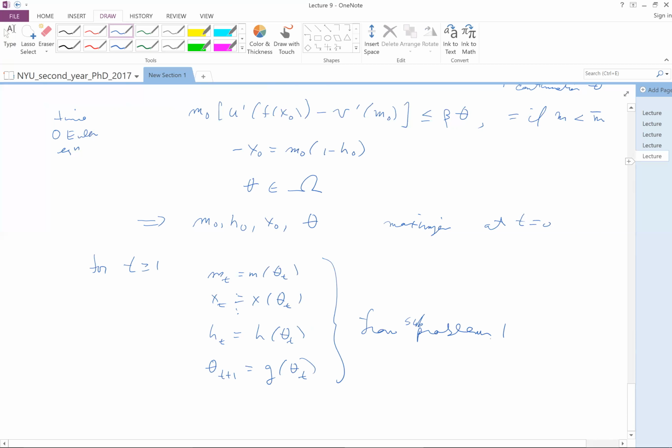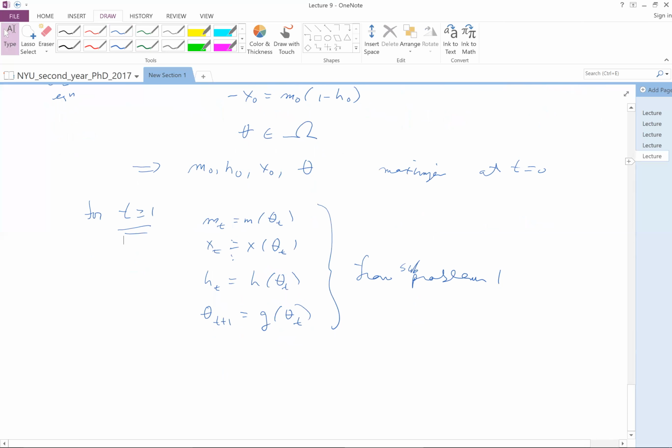We're going to apply that for t greater than or equal to 1, starting with theta 1 equal to the theta, call it star, chosen by the Ramsey planner. That's the way this fits together.